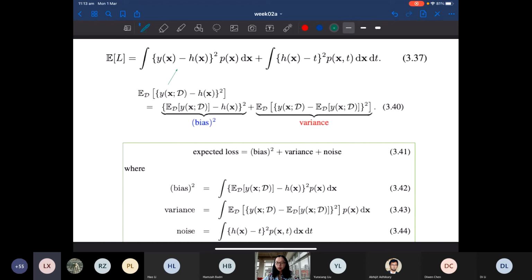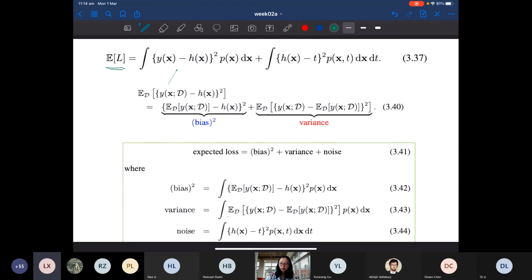And the summary for this high-level picture is that the expected loss, denoted by E of L here, is a combination of bias, denoted as the average distance from h of x to the average of the estimates over different subsets, and variance, which is the average deviation of each estimate with respect to its mean across different data subsets.